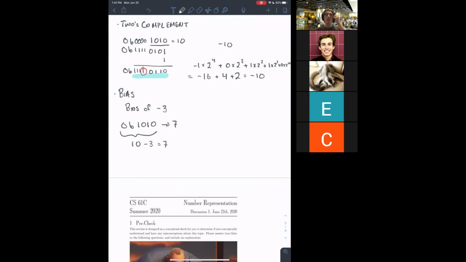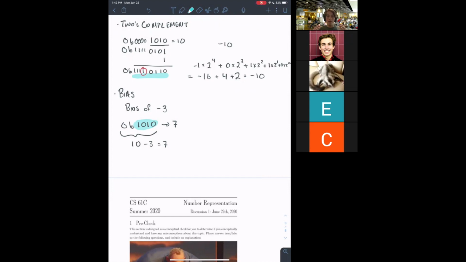So the question is, is 7 the actual number or the biased number? If I understand your question correctly, I want to say both, because the actual number is the biased number. The unsigned value, the original value of these bits just interpreted as an unsigned binary value, would be 10.